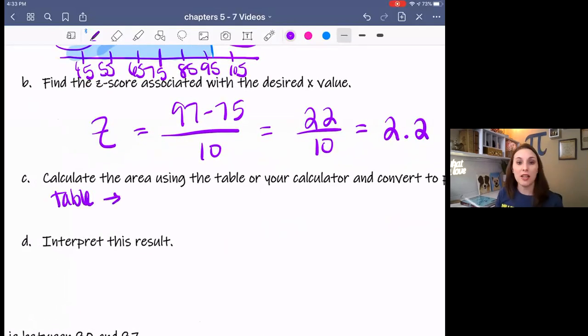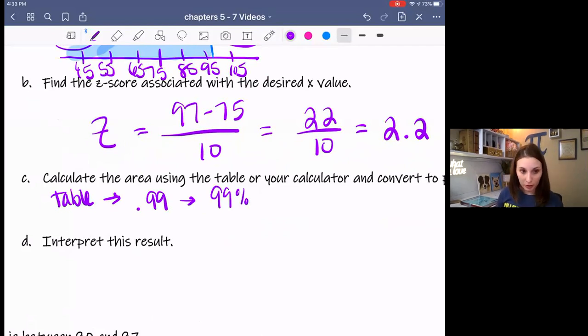If you used your table, since it is asking for the area to the left and the table represents the area to the left, you go down to 2.2 on the z table and 0 if you're going across from the top, and that puts you at about 0.99. And since this is area to the left, we don't have to use the complement.